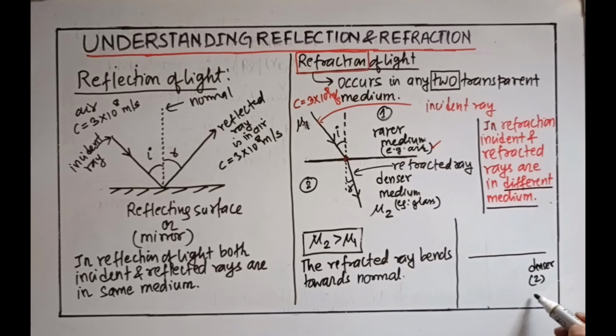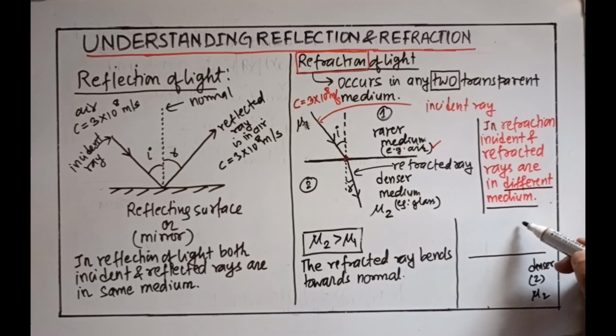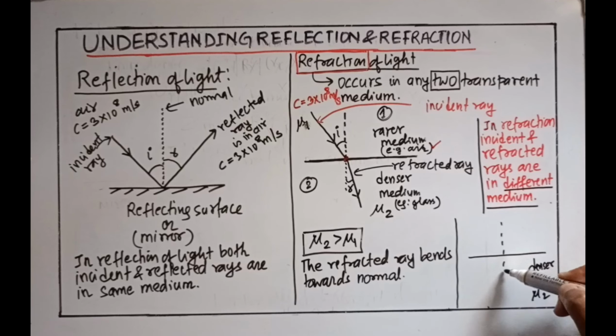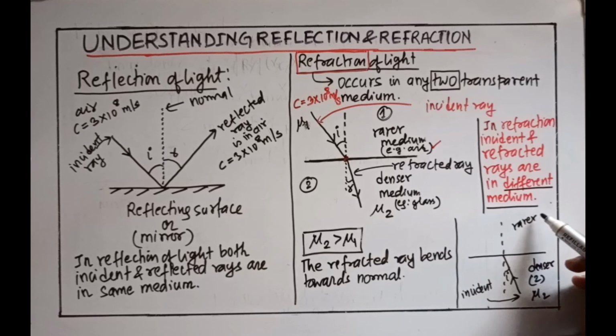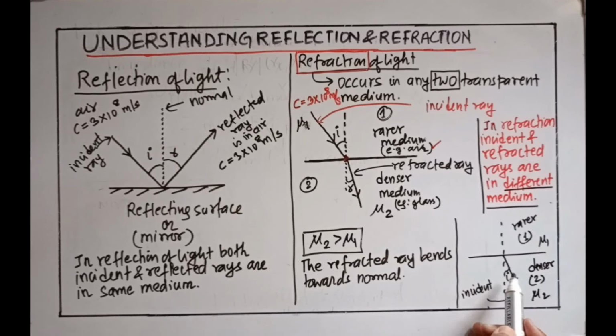This is the incident ray, this is I, the angle of incidence, and this is the rarer medium, medium 1, with refractive index mu 1. Now this ray of light after suffering refraction bends away from the normal. So this is the angle of refraction.